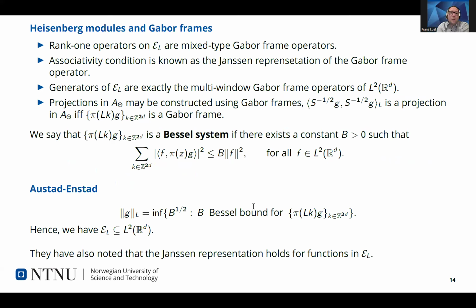So what's the relation between the Heisenberg module stuff and the Gabor frame stuff? If you look at the rank 1 operators, then they are exactly these mixed type Gabor frame operators. So this associativity condition has also been noted in this setting by Janssen, and then independently by Daubechies and others, and Ron and Shen, and then in the form that it's written here, it's due to Feichtinger and Kaiblinger.